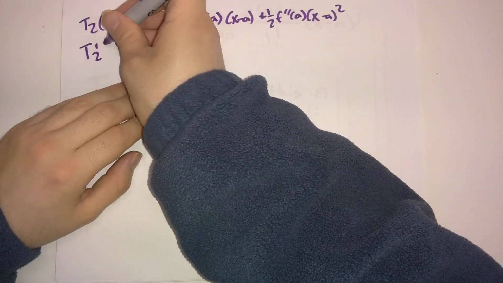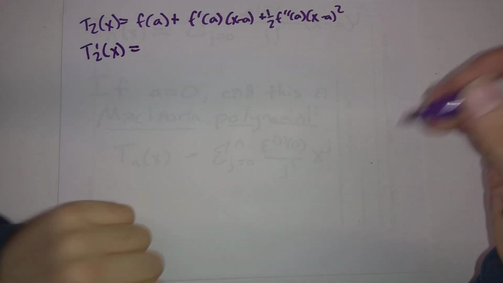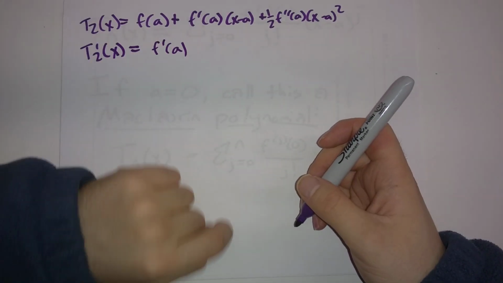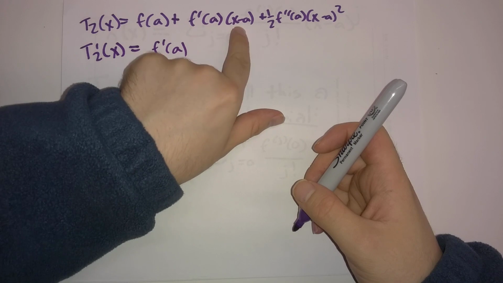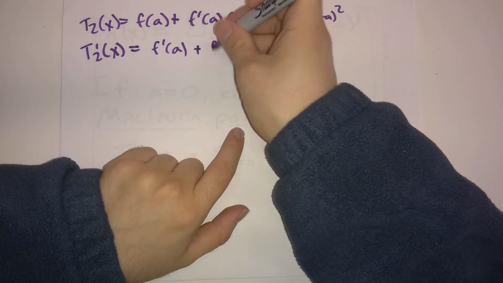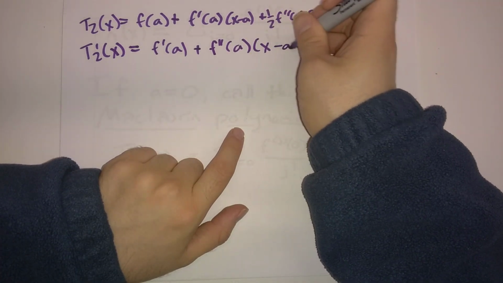The derivative here is going to be f prime of a. So this is a constant, so its derivative is 0. We're looking for x's here. The derivative of this is just f prime of a. And chain rule here says this is f double prime of a times x minus a.